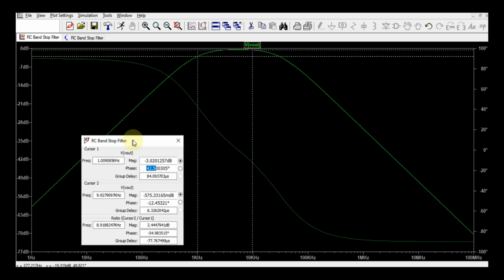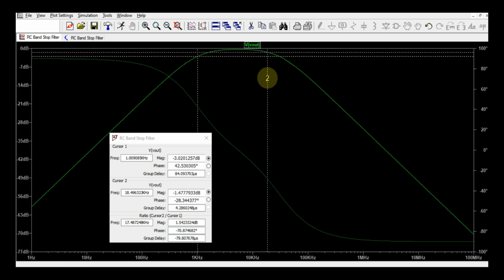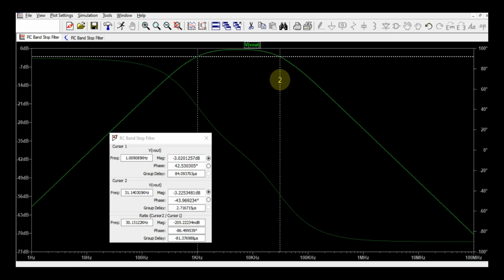Basically, your magnitude should be exactly minus 3 dB and your phase should be exactly minus 45, but in this case I'm not able to adjust.